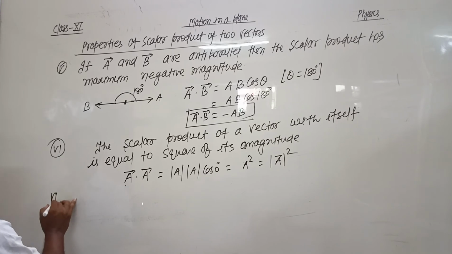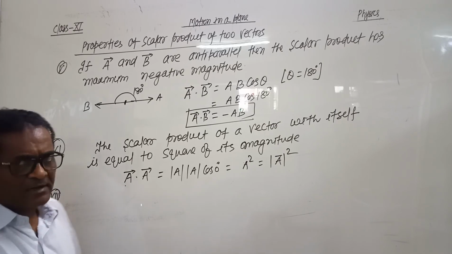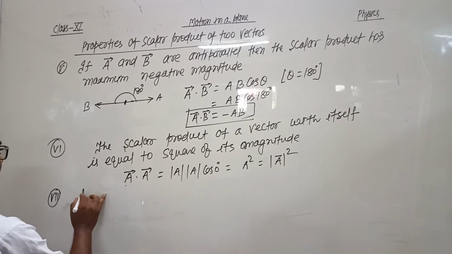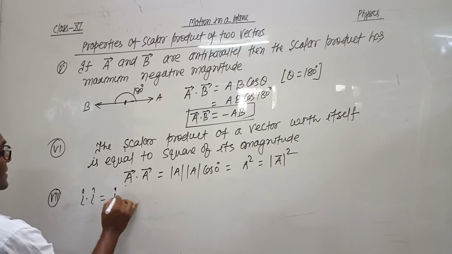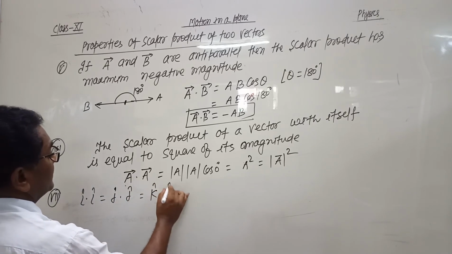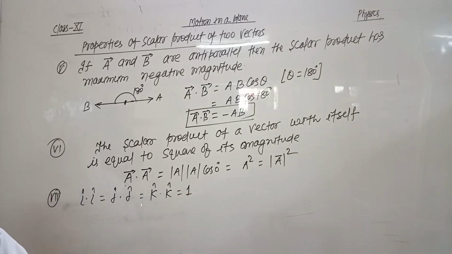Now the seventh property, about unit vectors. We know there are three unit vectors: i cap, j cap, and k cap. So i dot i, j dot j, and k dot k equal 1, because i has unit magnitude, j has unit magnitude, and k also has unit magnitude.